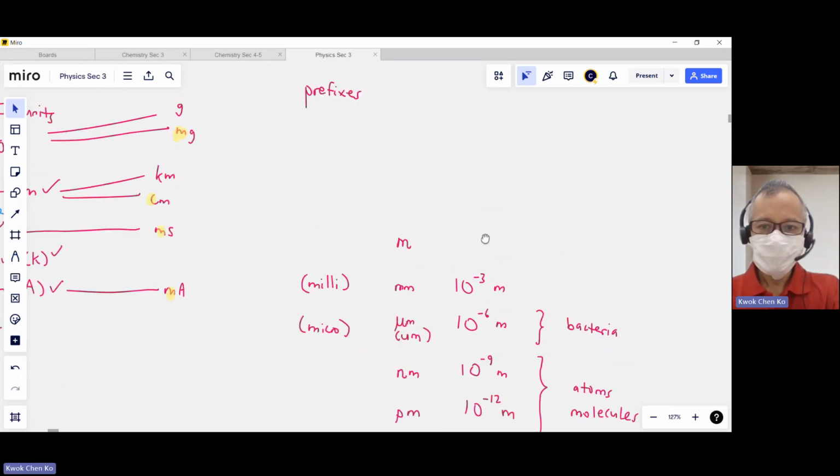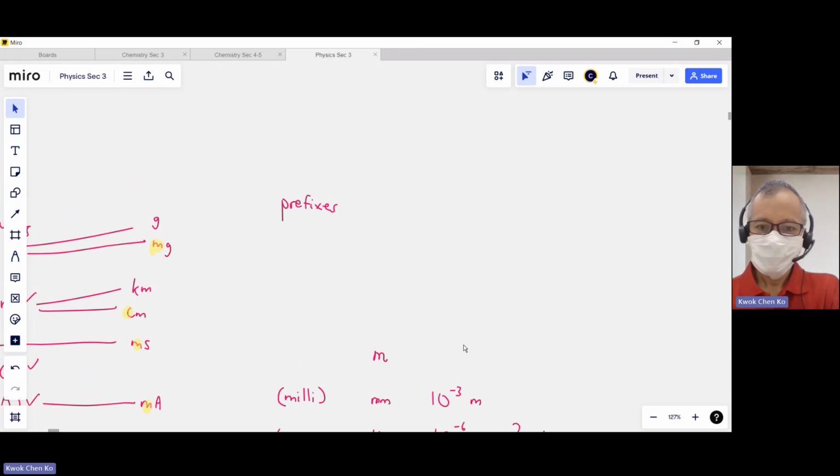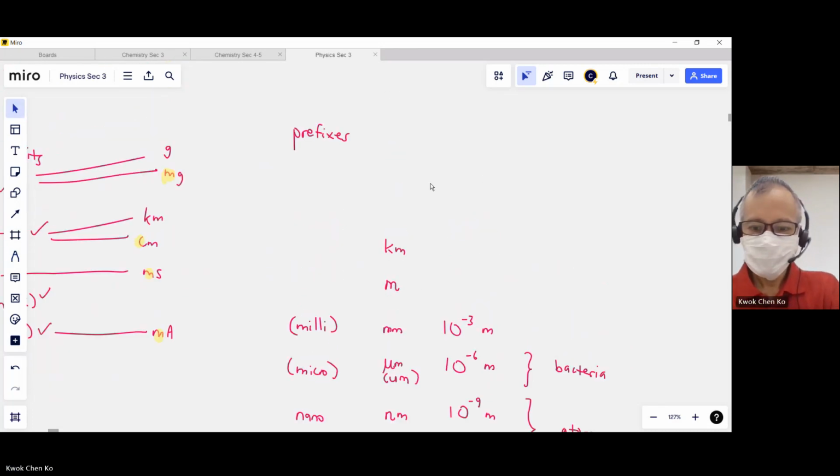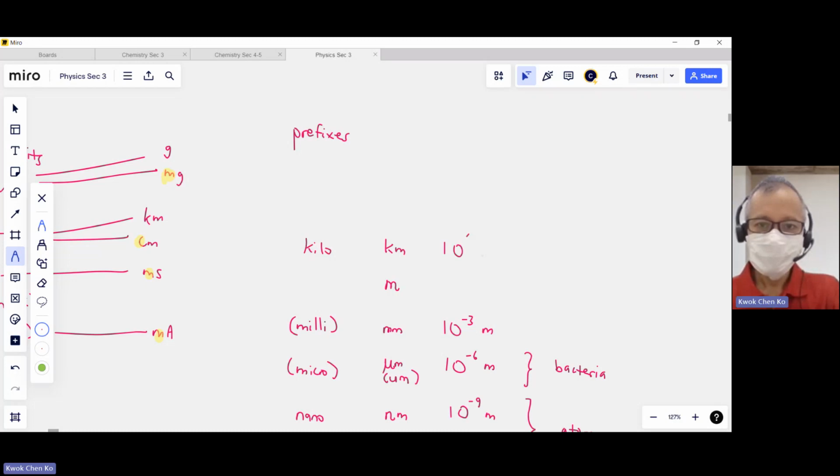Now we can go the other way too. I can have kilometer. Let me just add the spelling in. So this is nano. This is pico. This is kilo. So this is to the power 3, no longer minus. I have mega as well.